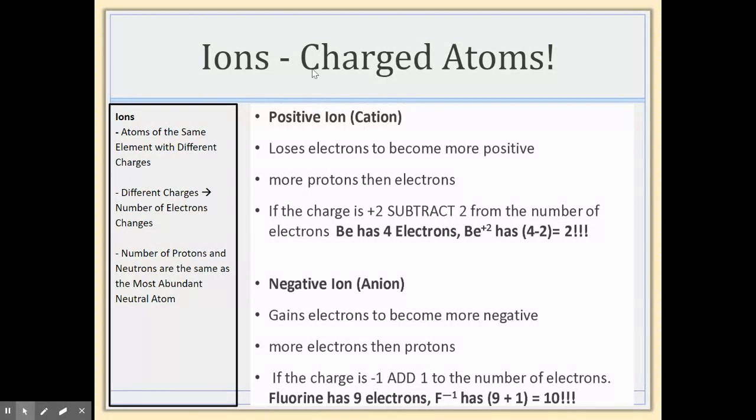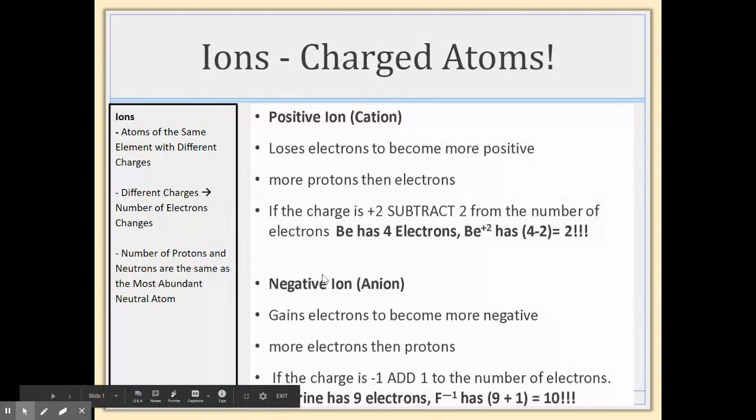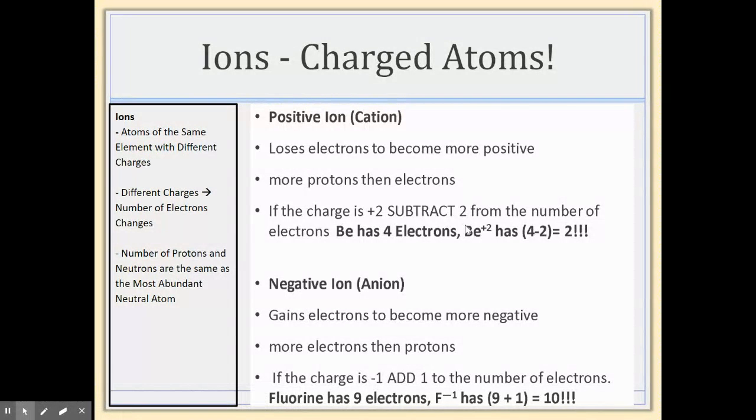Cations become positive because they lose electrons. Anions become negative because they gain electrons. A good way to think about this is thinking about if you gain someone really negative in your life. So you meet a really nasty person, they're very negative. When they come into your life, you're going to feel more negative.